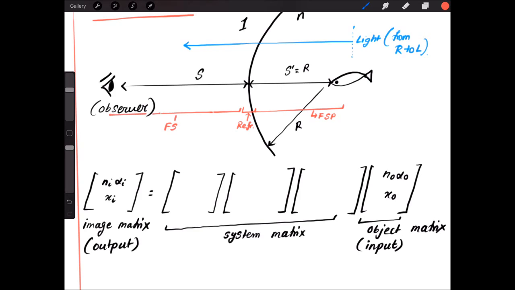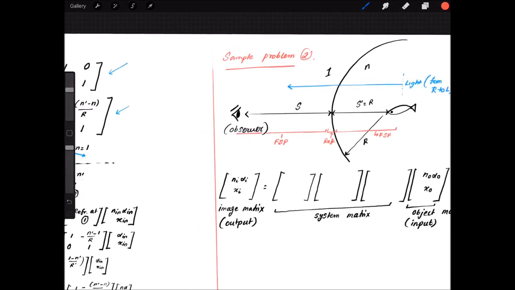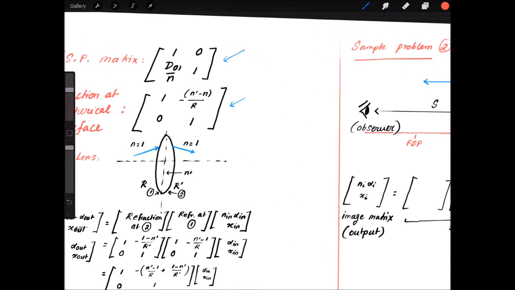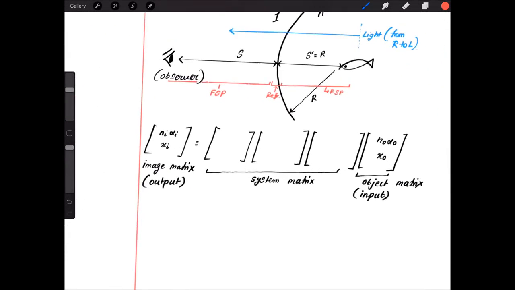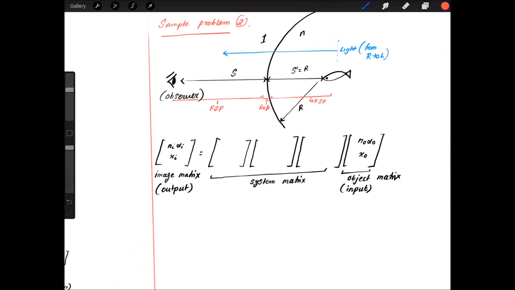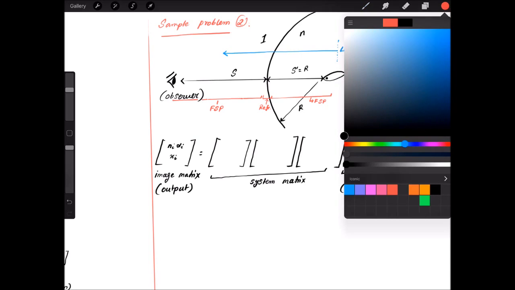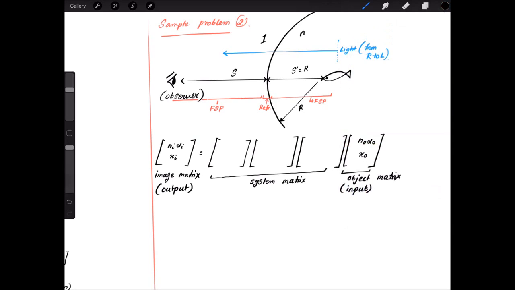For the first free space propagation matrix, we look at what our free space propagation matrix was: 1, 0, d0, 1 over n, and 1. So d0 over here is S prime. Oh wait, actually, no, that's wrong, sorry. This is what we have to be careful of, and I almost made a mistake there. The output is the observer, and the input is the fish.